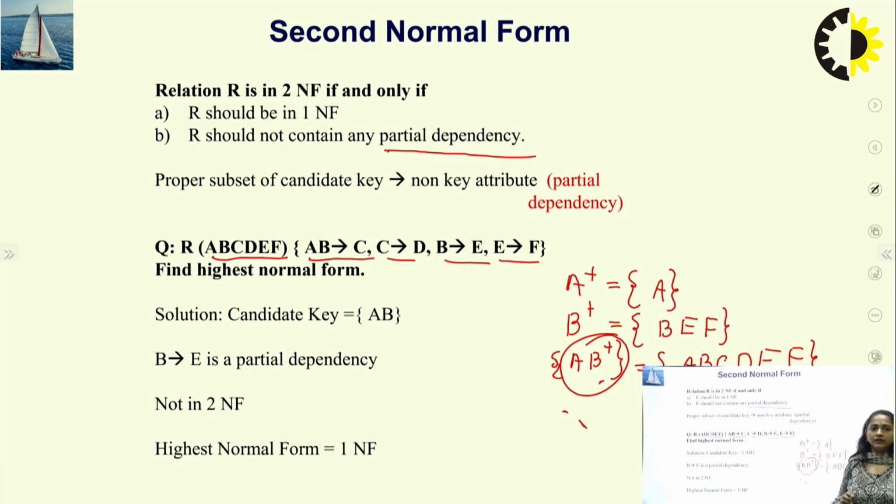So we can say AB is the candidate key. There can be more than one candidate key; we can try more combinations.